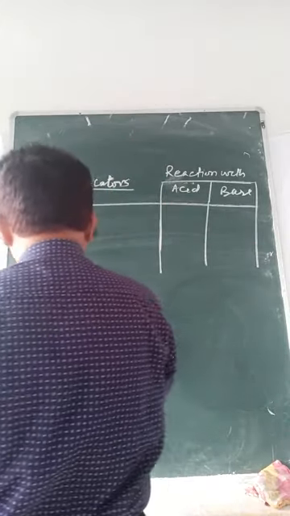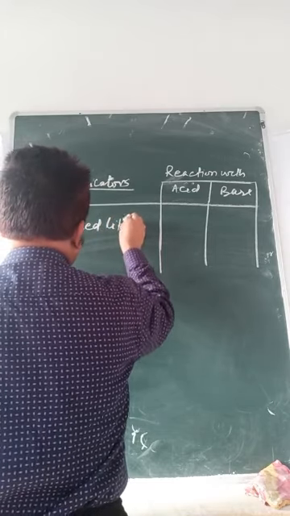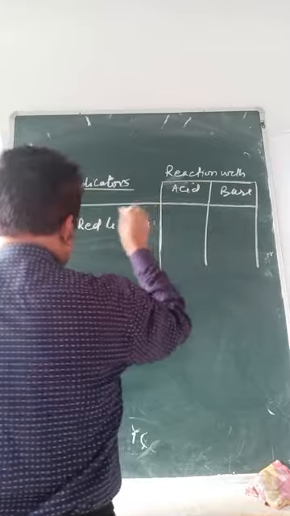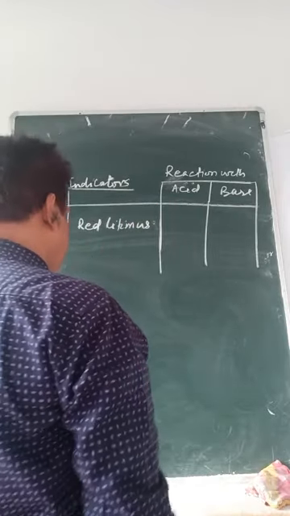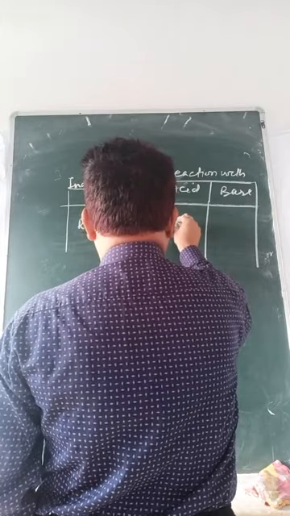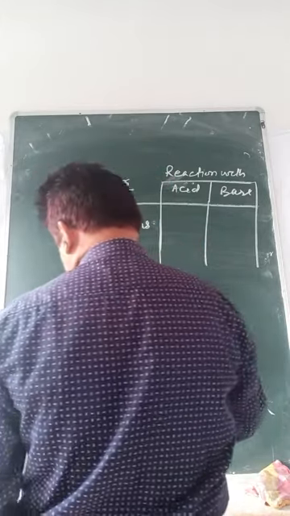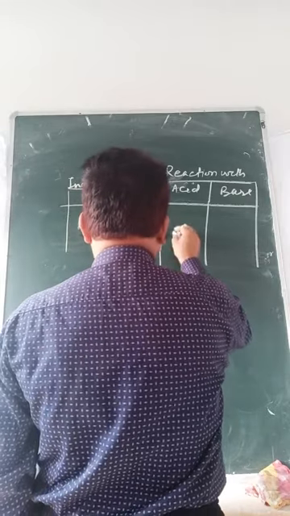Suppose if the red litmus, when the red litmus reacts with acid, what you will get? Remains red.